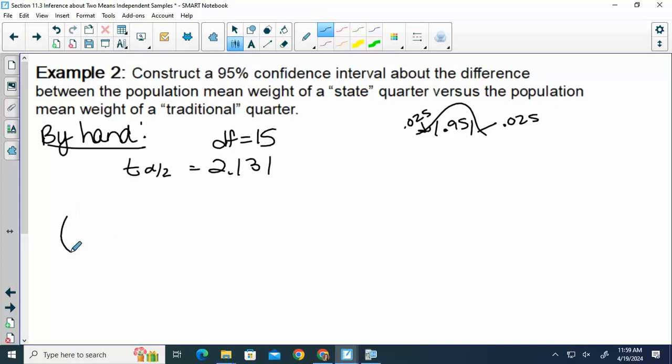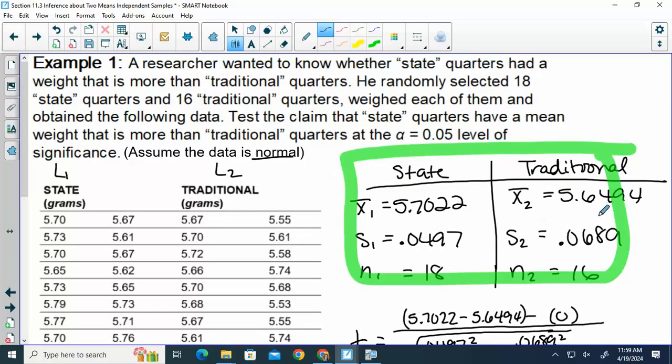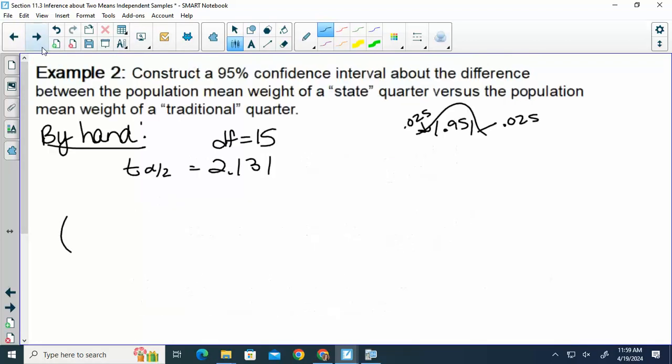So, the formula: mean of the first minus mean of the second. We have those written down here. 5.7022 minus 5.6494.